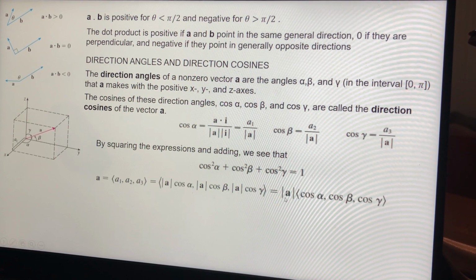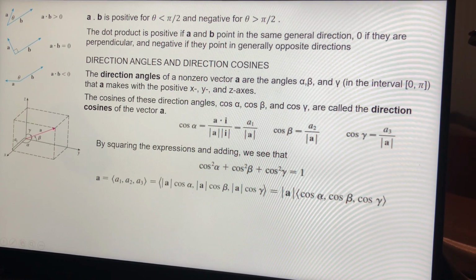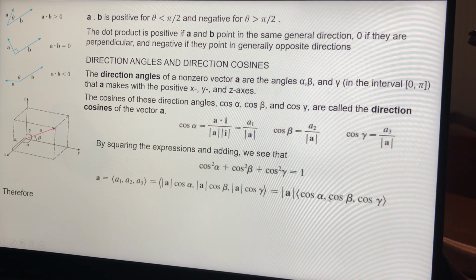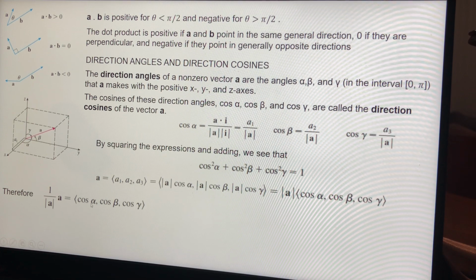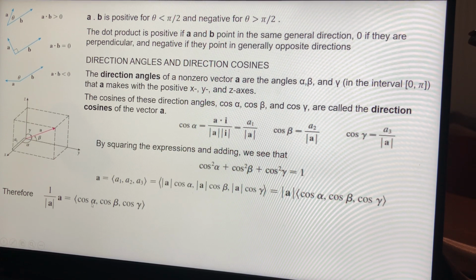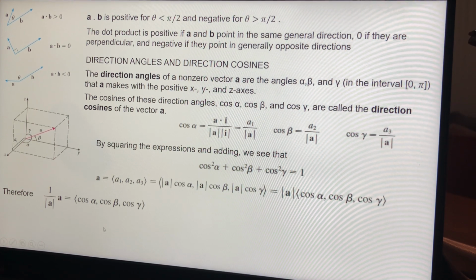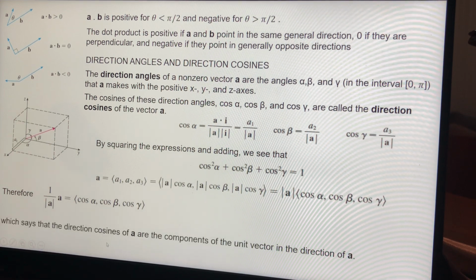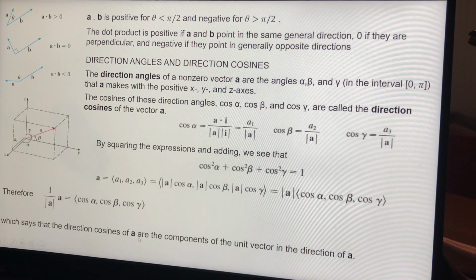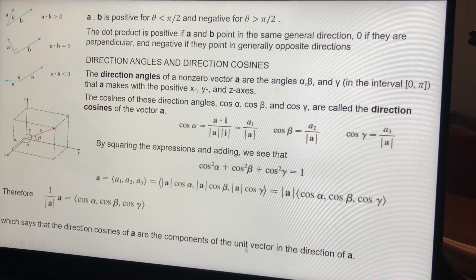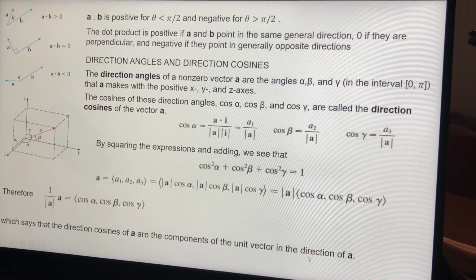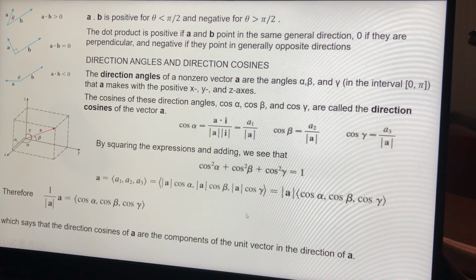If you write that over, and if you factor out the length of A, you will see that A is the length of A times the cosines of these angles. And from there, A over the length of A is going to give you the direction cosines of your vector. And so you can say that the direction cosines of A are the components of the unit vector in the direction of A. This is just the derivation of that.